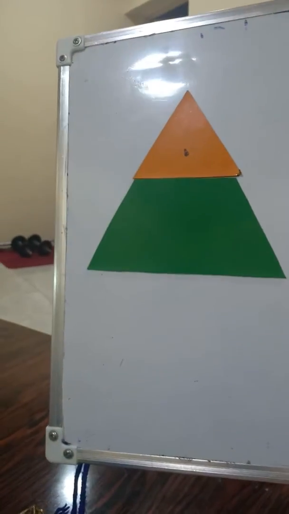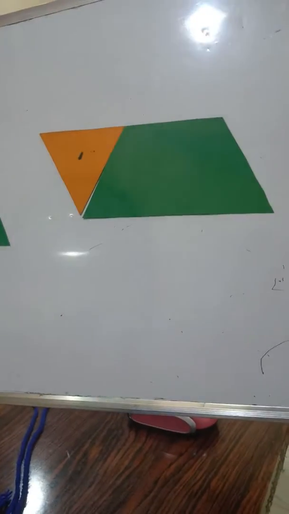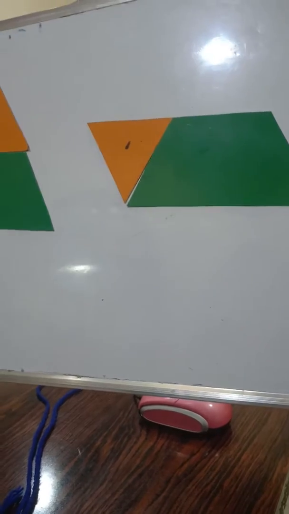It will be like this one. From like this, we can have another composite shape. It is like this. So using the same two-dimensional shapes, we can make another composite shape.